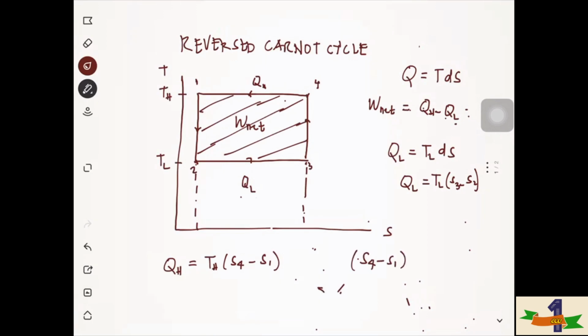So therefore, S4 minus S1 is equivalent to S3 minus S2.